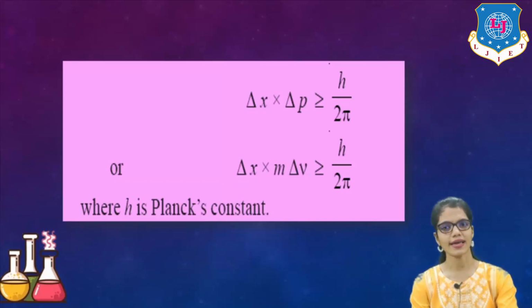So delta x times m delta v is greater than or equal to h by 2 pi, where h is Planck's constant. As you can see, it gives us both properties, the wave nature and the particulate nature. Next we will see how they can be related to each other. This gives us the idea about any kind of atomic system.